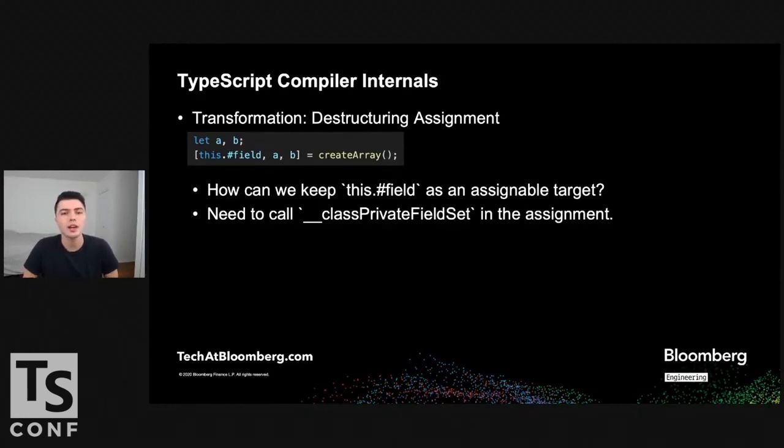When we transform this.hash field in this location, we can't simply transform this into a class private field get, which is essentially what our transformation would do as we've already discussed, because this is not an assignable target. We don't want to access the field. We want to call the class private field set, which would assign a value to this field. So we need to transform it in a way that keeps it as an assignable target. We need essentially the ability to call this class private field set when something gets assigned to the value. So how can we do that?